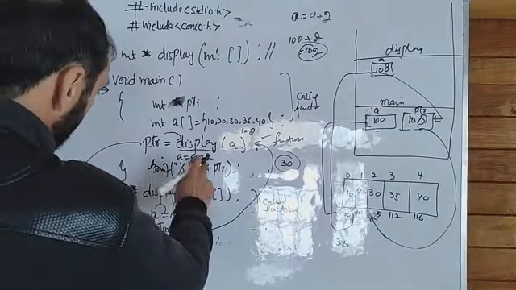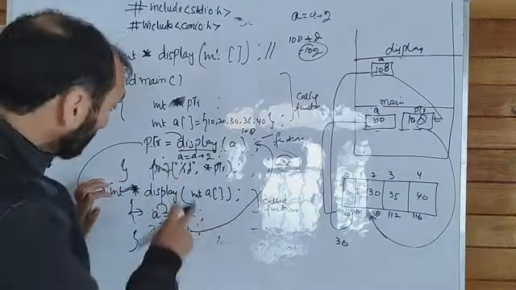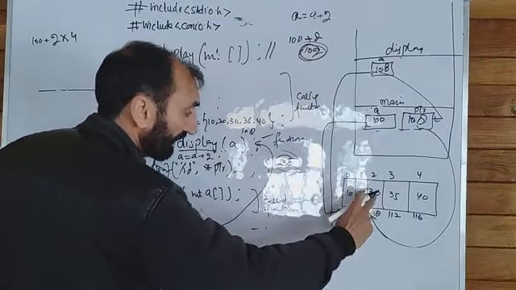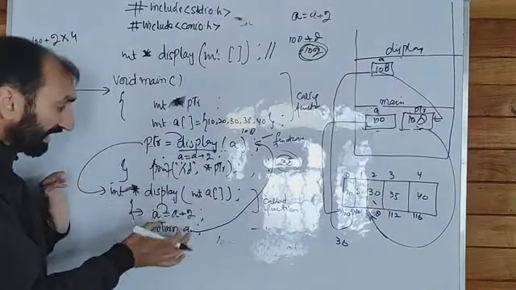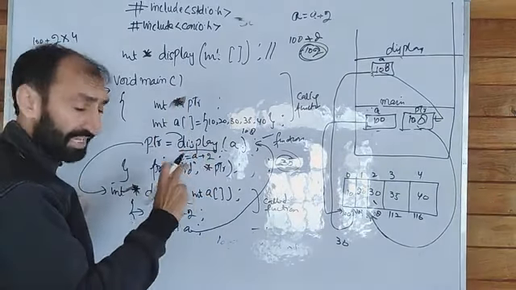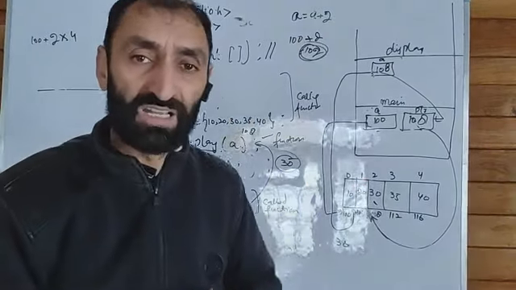If I write an instruction like this, it will give 102 and return 30. But if I do this in the main function, a equals a plus 2, it will show me an error.